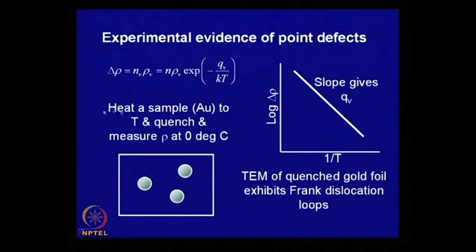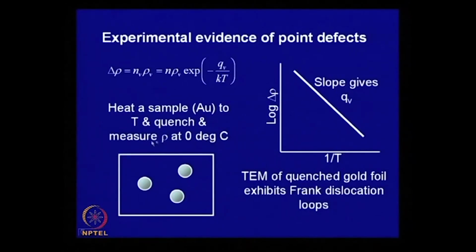You can quench it in a low temperature bath, and then measure the resistivity of the material at 0 degree centigrade. So you can have a set of data by heating gold to different temperatures, quenching to a sub-zero temperature and measuring the resistivity at a constant temperature, say 0 degree centigrade.